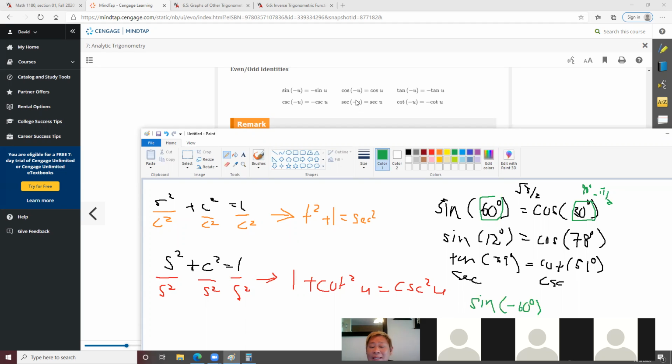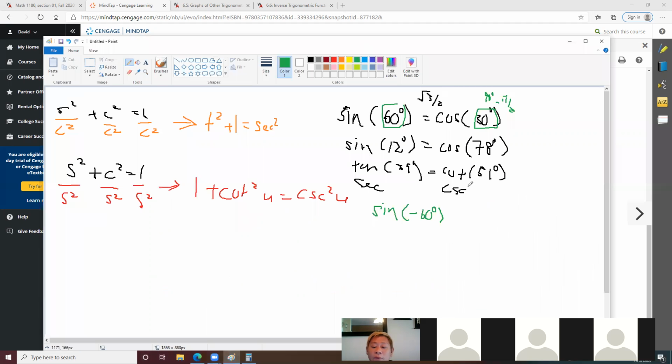But for cosine and secant, they are even identities. What even identity means is if you have a negative angle, you don't bring the negative out, it's still going to be positive. So if you have sine negative 60, you can bring this negative out, so this is actually negative sine 60 degrees, which is negative root 3 over 2.